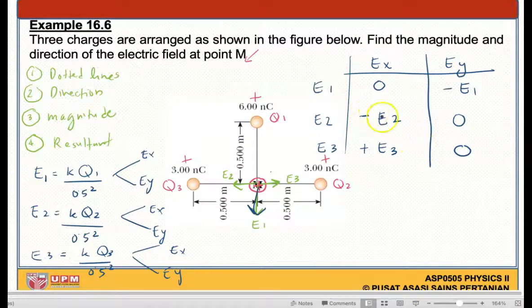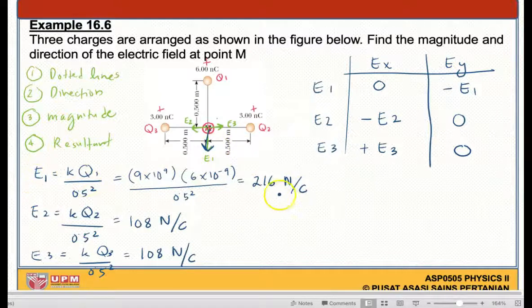Okay, now what is the value of E2 and what is the value of E3? The value of E2 is, I don't know, we need to calculate that. So I found out that E1 is equal to 216 newton per coulomb: 9 times 10 to the 9 times 6 nanocoulomb over 0.5 squared.